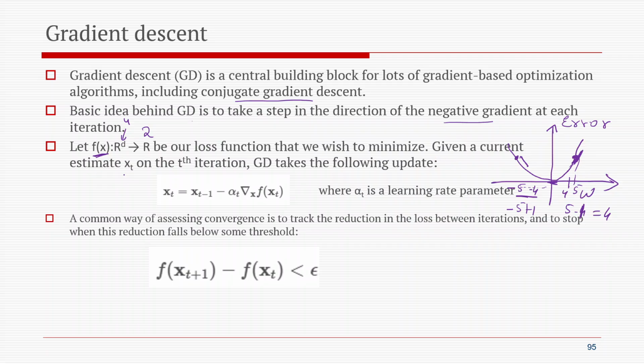Given the current estimate, that is, we know some weight values, say W currently, we connect this to the neural network: gradient descent with respect to the weight vector. Say I have learned the weight vector at the t-th iteration, and I should find the weight vector at the (t plus 1)-th iteration.